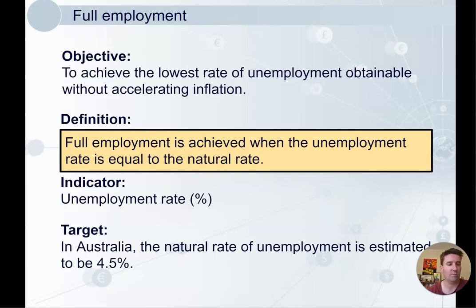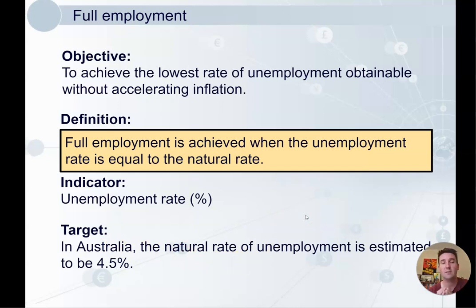So out of the total labour force, 4.5% being unemployed is what we consider normal, right? It's the natural rate of unemployment. There are always going to be those people unemployed. So it's always going to be around that mark. Sometimes we'll dip under. Most of the times we'll be at or above 4.5%. And that is what we aim for.